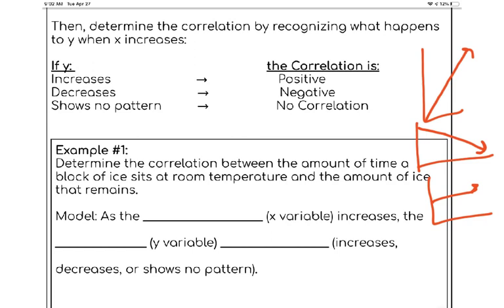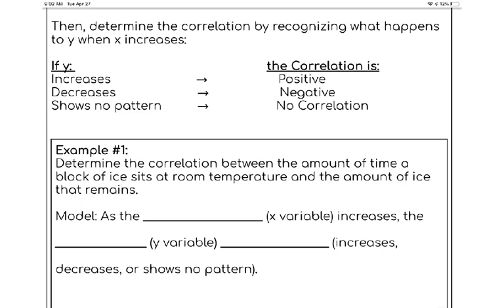For this example here, we're going to determine the correlation between the amount of time a block of ice sits at room temperature and the amount of ice that remains. So our X variable here is going to be the amount of time that the block of ice sits at room temperature.